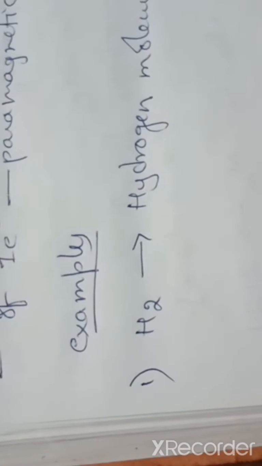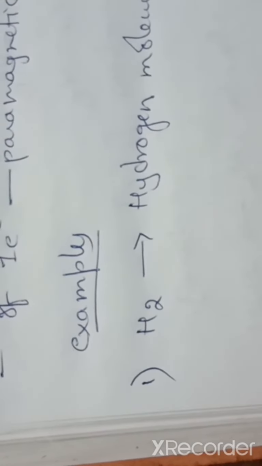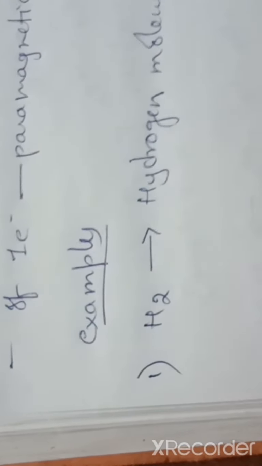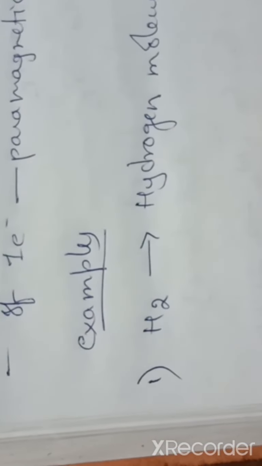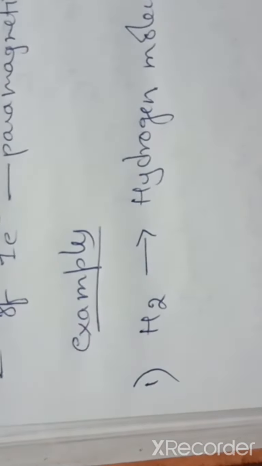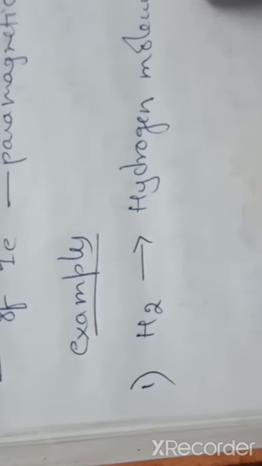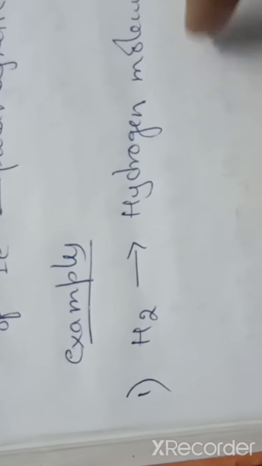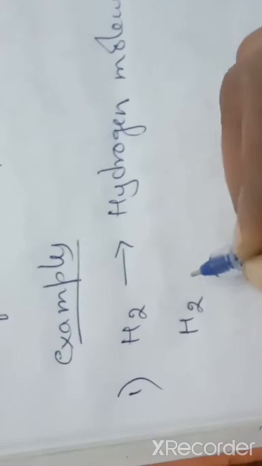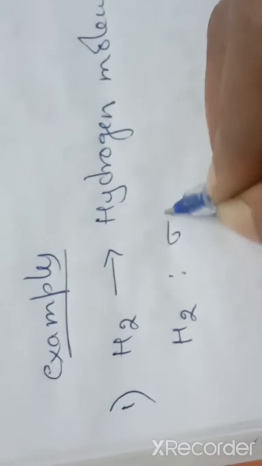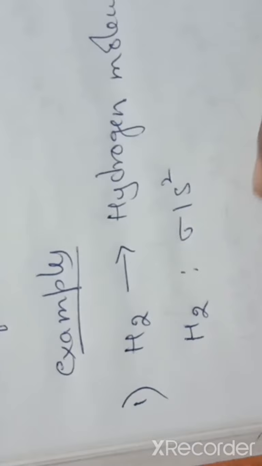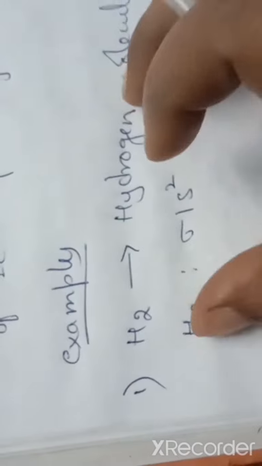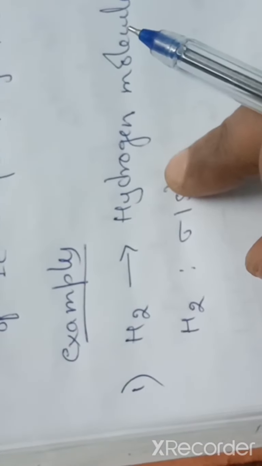Therefore, in all there are two electrons in the hydrogen molecule, which are present in the sigma 1s molecular orbital. So the electronic configuration of the hydrogen molecule will be sigma 1s2, because only one electron is present in each of the atoms.